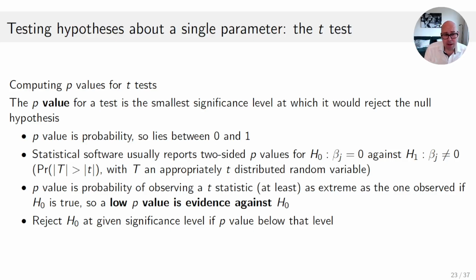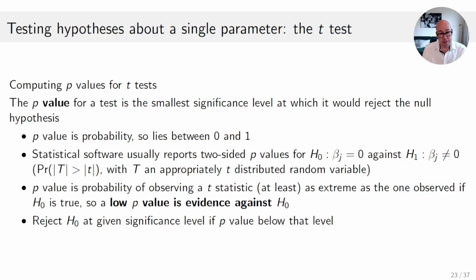So far we had a null, we had an alternative, and we basically took a given level of significance and then rejected the null or not. What you can do alternatively is to compute p-values. The p-value for a test is the smallest significance level at which it would reject the null hypothesis.